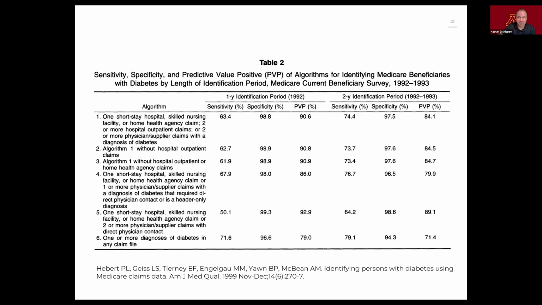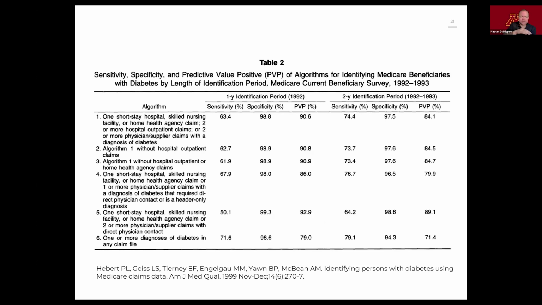What I found in Medicaid is that it's often undersensitive, but in Medicare, where enrollment is a little more regular and so on, this has become a very common approach. And I'll show you just how common in just a second. But you can note that the sensitivity comes up a lot when you start including multiple files. The specificity is excellent, and the positive predictive value is also good.